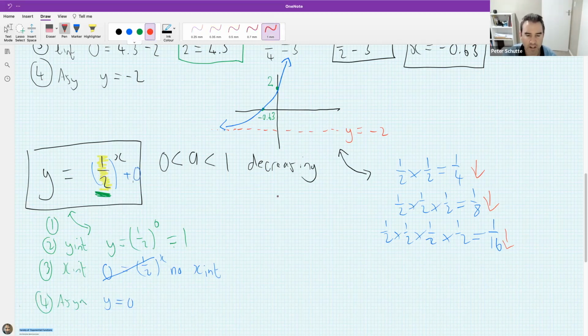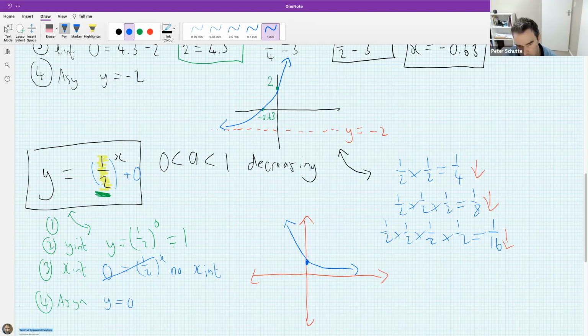So what does it look like if I draw the graph? Well, first of all, the asymptote would be along the x-axis, so we don't have to draw it. My y-intercept is at 1. There is no x-intercept. And so when I draw this graph, it just looks like that.